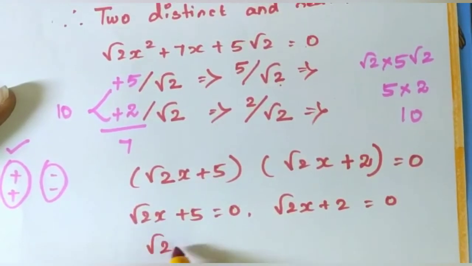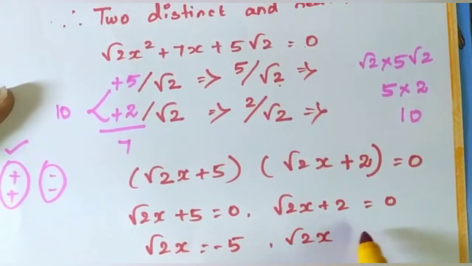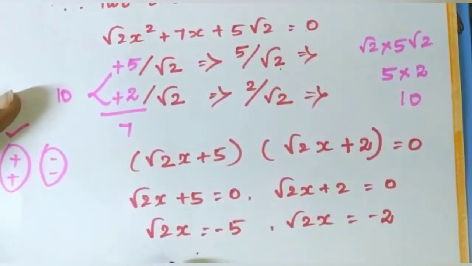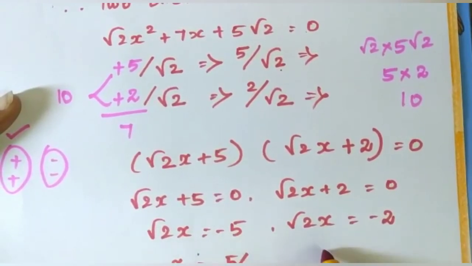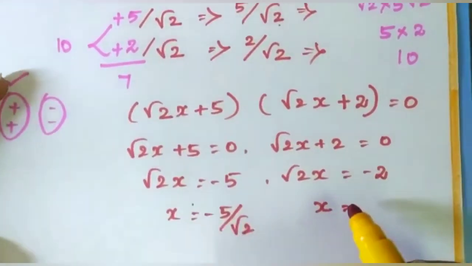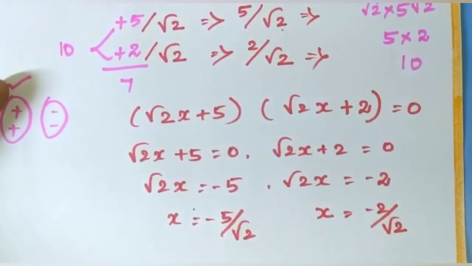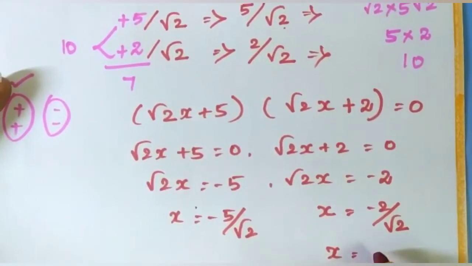Then root 2x is equal to minus 5 and root 2x is equal to minus 2. Okay. Then x is equal to minus 5 by root 2 and x is equal to minus 2 by root 2. You can cancel this one, how?